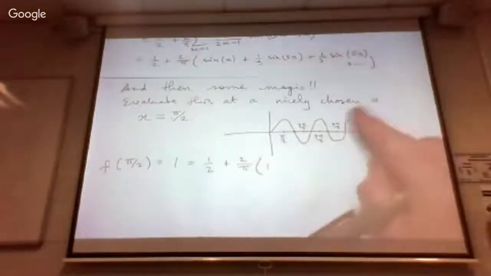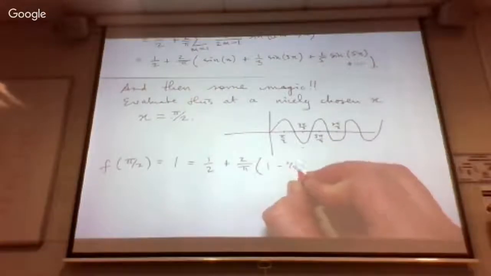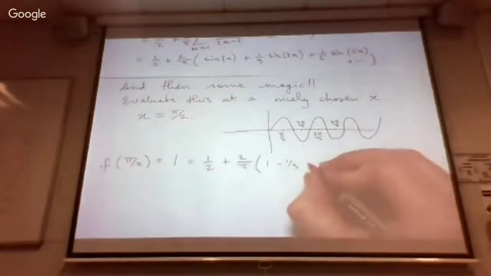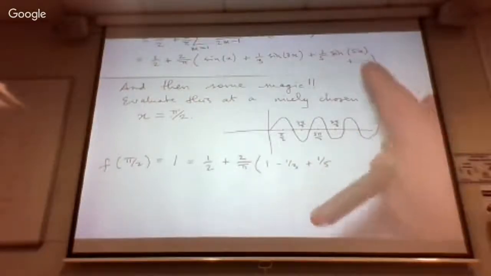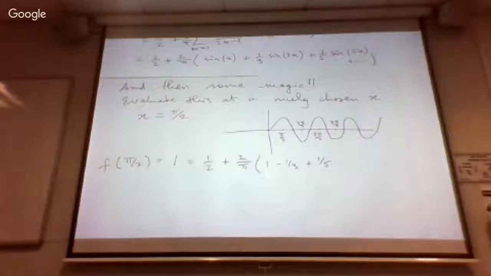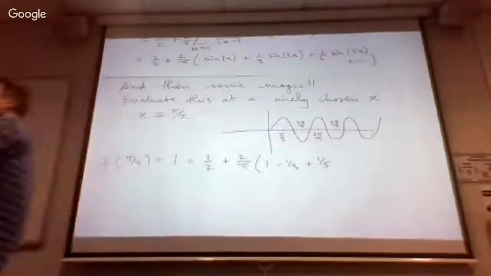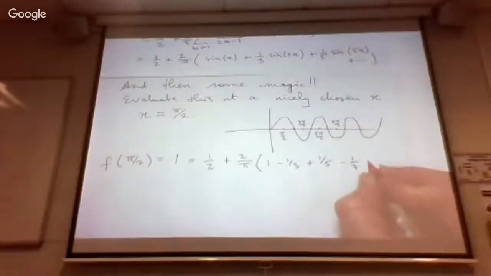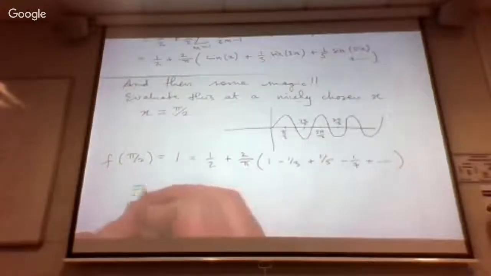Sine of 3 pi over 2 is -1, so it's -1/3. Sine of 5 pi over 2 is +1 again, so it's +1/5. So these terms alternate, and each of them is scaled by the reciprocal of that odd integer. And that continues to infinity.